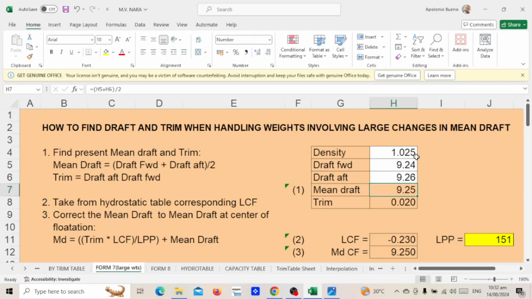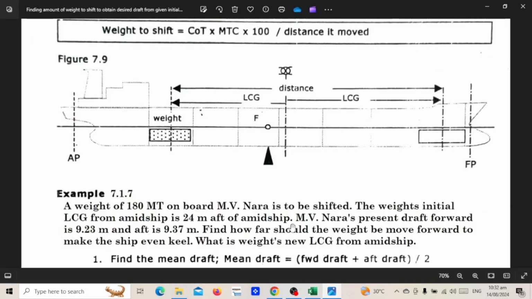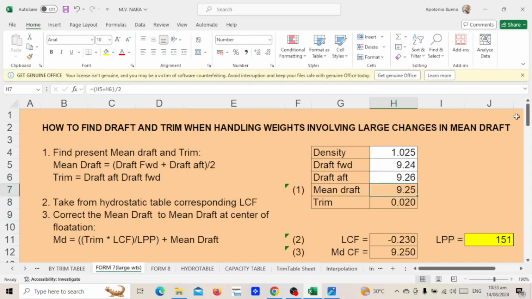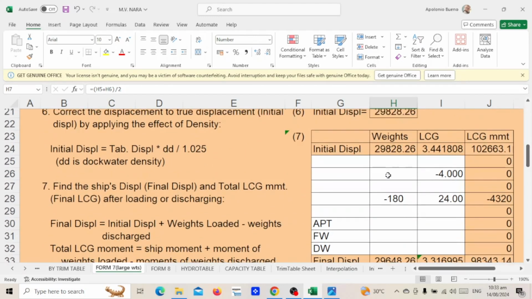Now from this new drop, you have already taken out 180 metric tons, so you're going to ship it around here. So 180 taken out and ship it to this point. Okay, so we put now 180 here. This is positive, you ship this one to this point, so you take out this one.